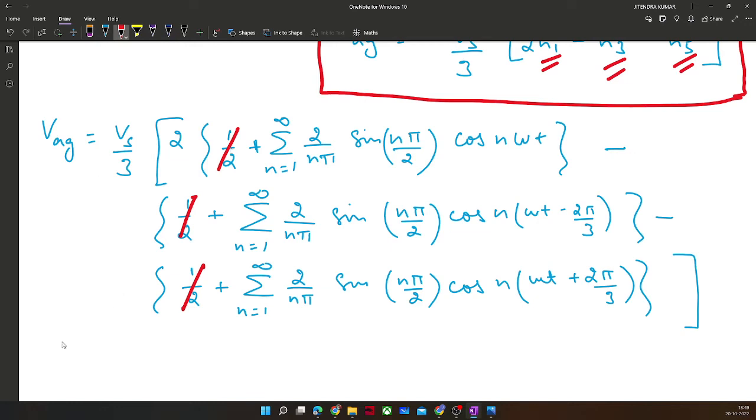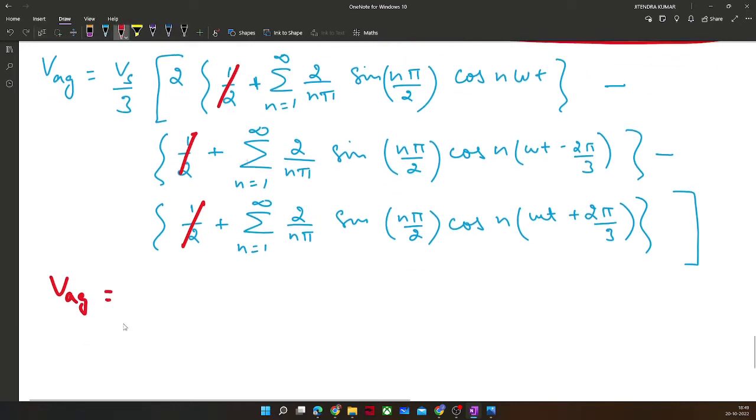Now what is left we will collect here. So VAG is equal to Vs by 3 into summation n is equal to 1 to infinity. Why not we take sin n pi by 2 as common, since sin n pi by 2 is everywhere.